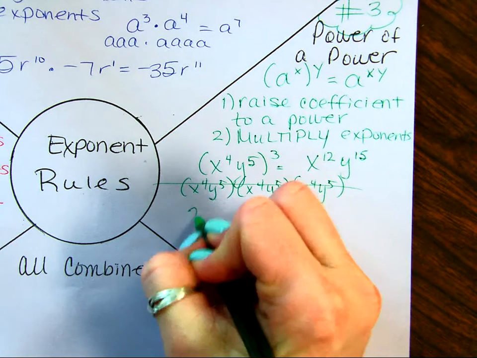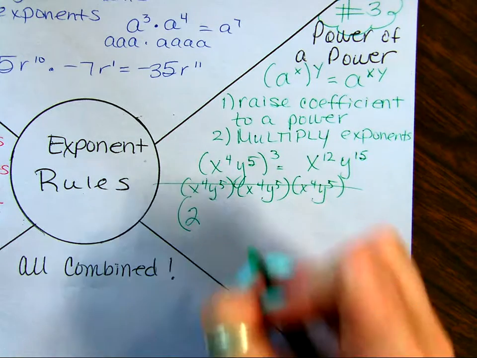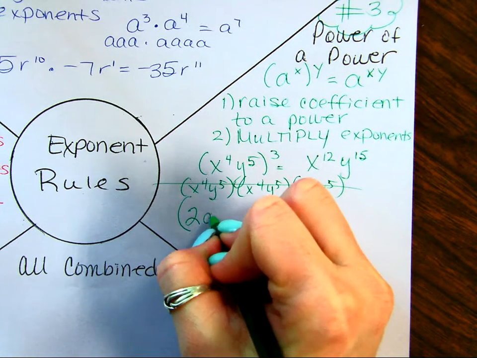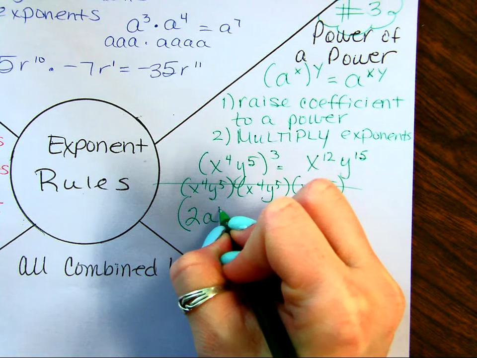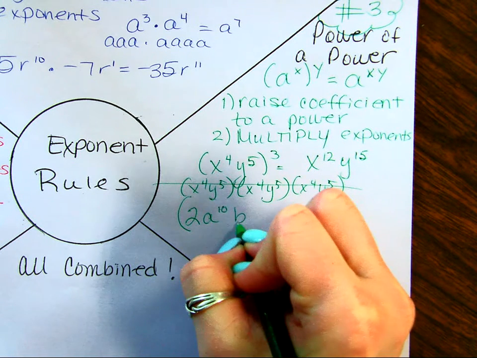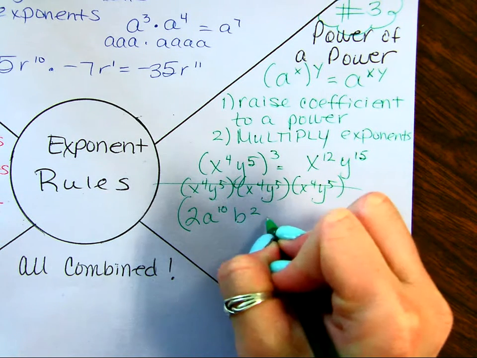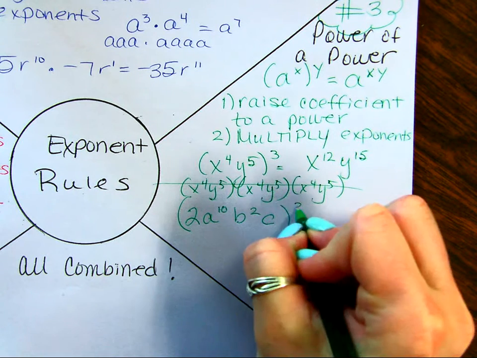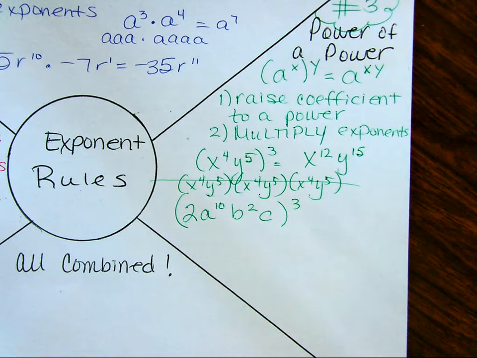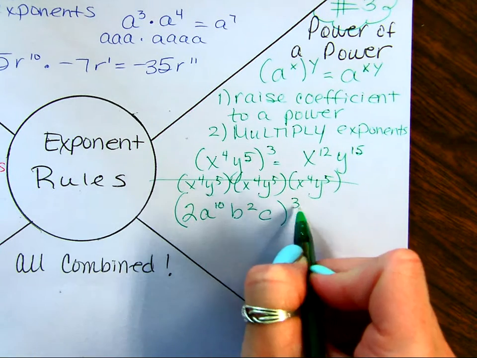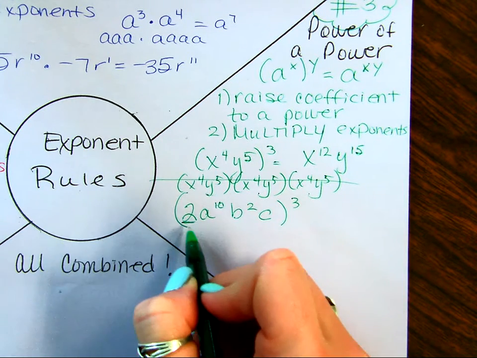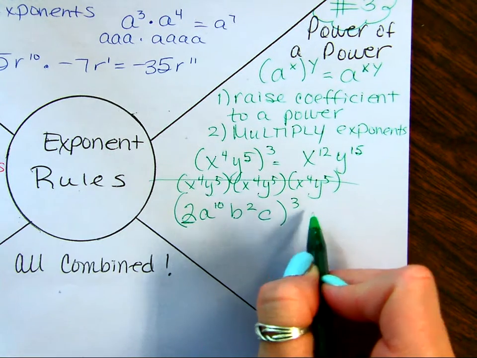Then when our coefficient comes in, like say 2a to the 10th, b to the 2nd, c, and let's cube that. So I'm going to cube 2, not multiply it by 3. I'm going to cube it.